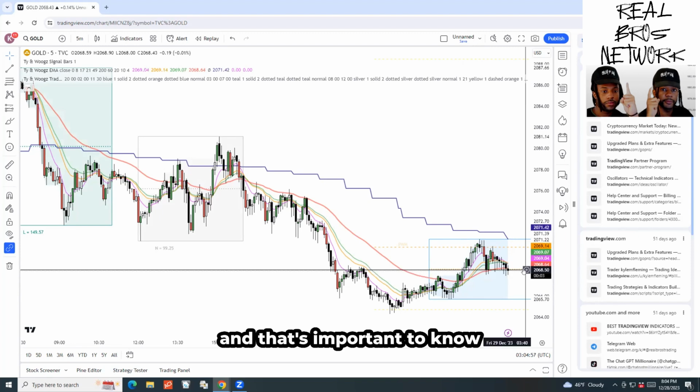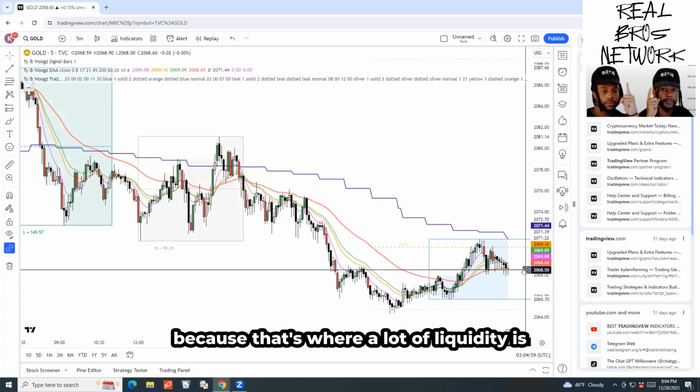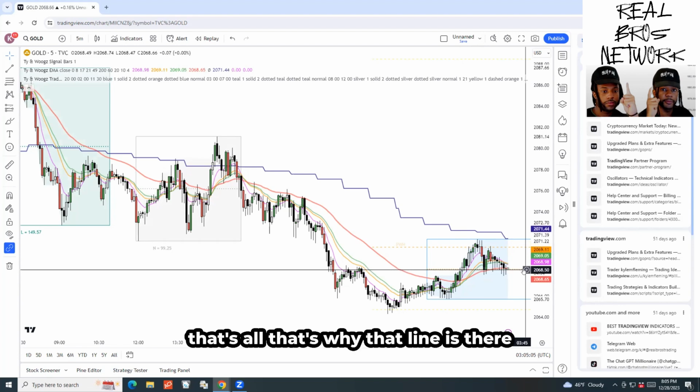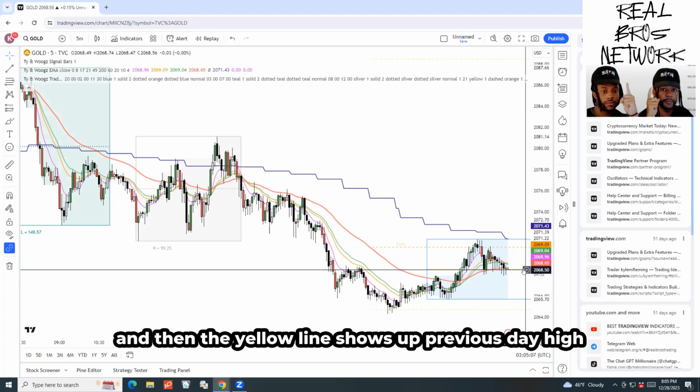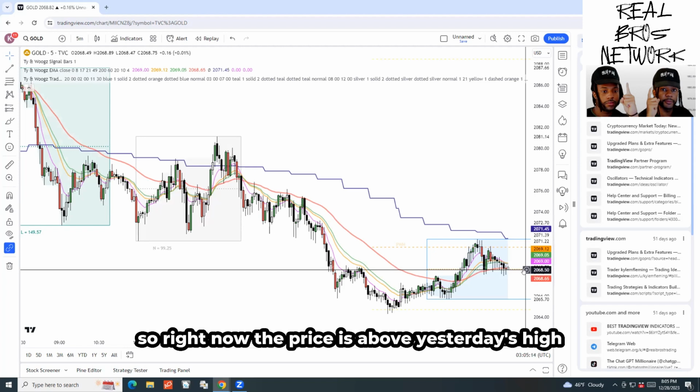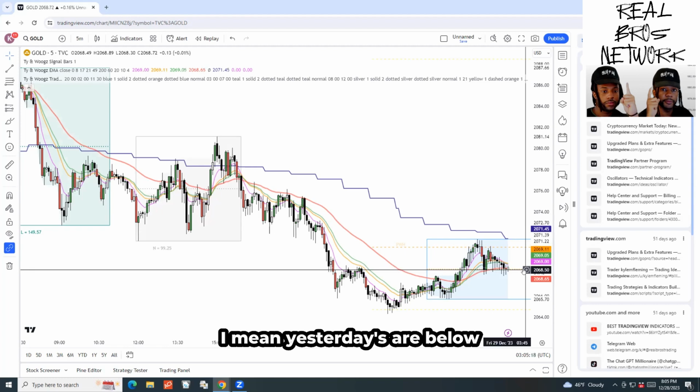And that's important to know because that's where a lot of liquidity is in the market. That's why that line is there. And then the yellow line shows the previous day high. Okay. So right now the price is above yesterday's high. I mean yesterday's low.